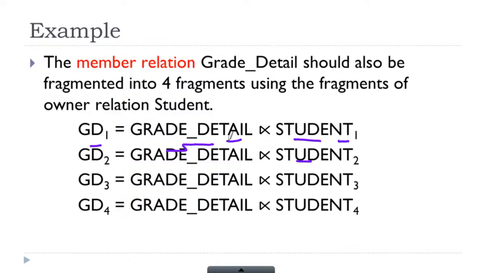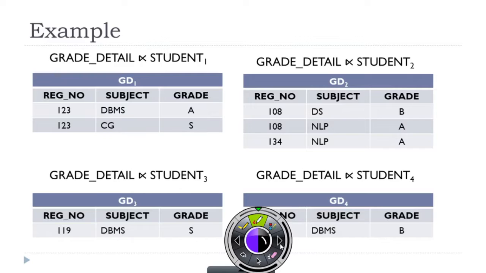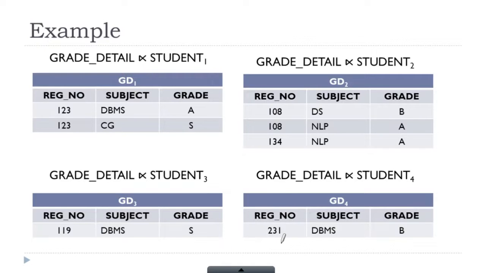So that is the idea of this derived horizontal fragmentation. See the example here. What did we do? Grade detail semi-join student 1 ends up in two records. Register numbers 1, 2, 3 are the only students who end up in fragment 1. Likewise, in grade detail 2, we have 108 and 134.